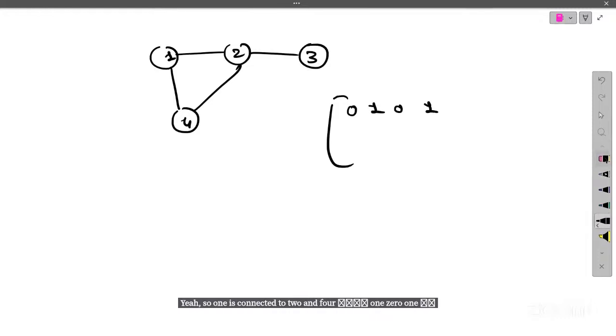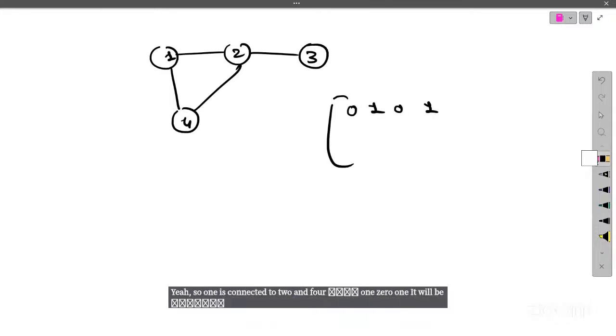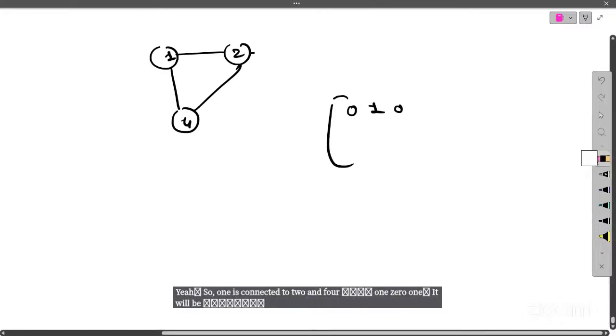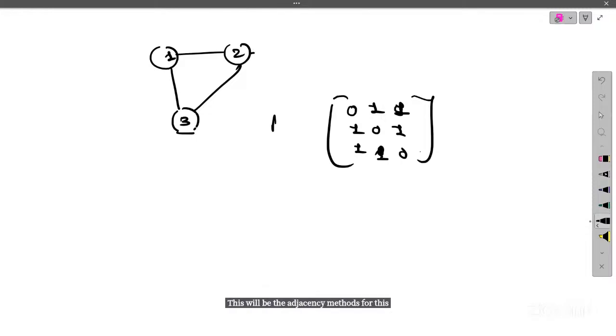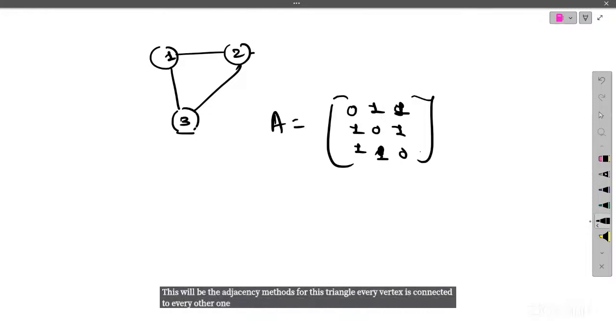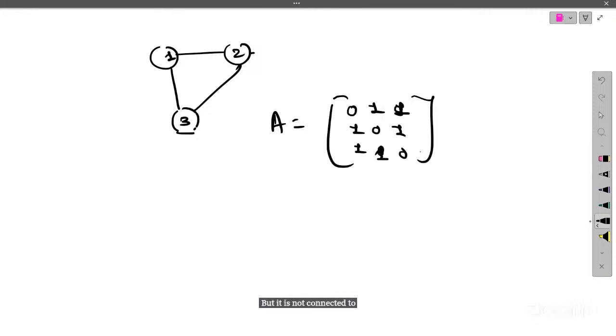It will be complicated if we compute. Let's take time. This will be the adjacency matrix for this triangle, right? Every vertex is connected to every other vertex, but it's not connected to itself because of the self loop.